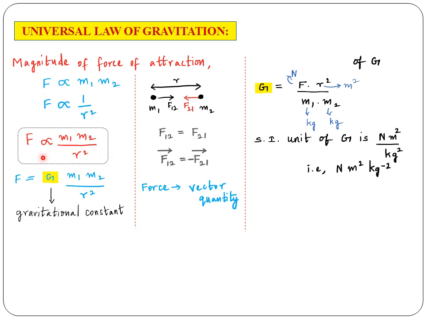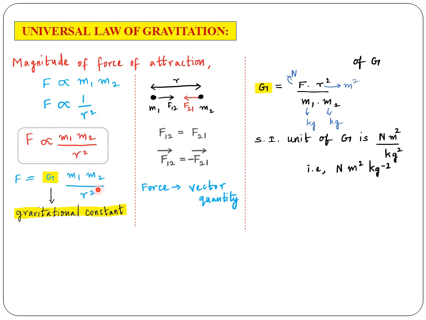So coming back to the law, F is proportional to m1 m2 divided by r square. Here, to remove the proportionality symbol, we introduce a constant known as the gravitational constant. So we have F equal to G into m1 m2 divided by r square.